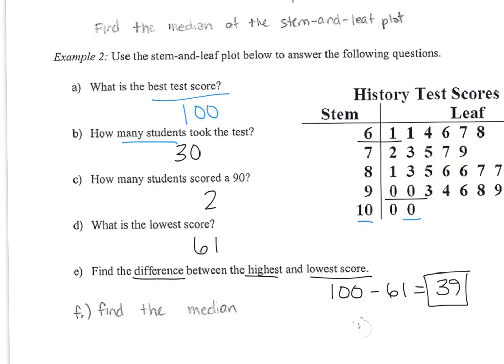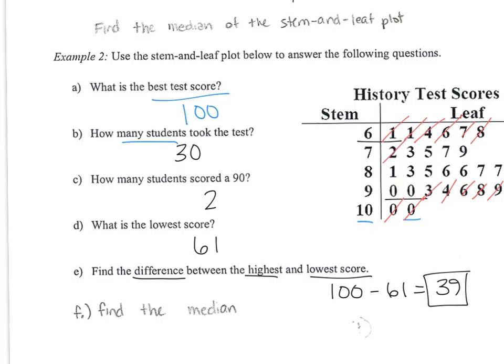So again, you cross off the lowest and the highest. Now over here, I'm not going to cross off a 90. I'm going to cross off 99 because I'm going backwards. The lowest, highest, lowest, highest, lowest, highest. 68 goes to 72.